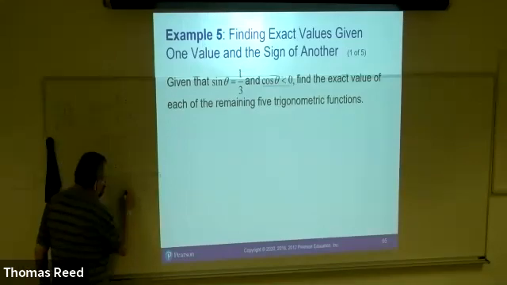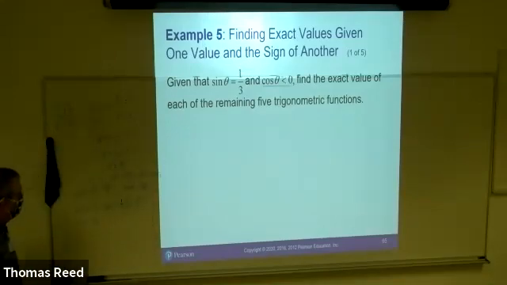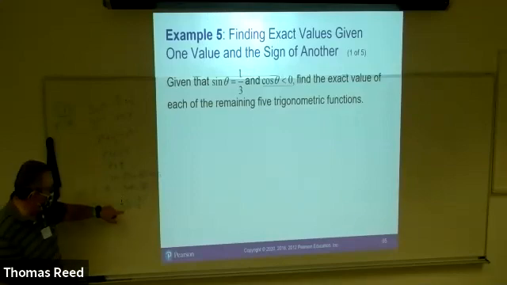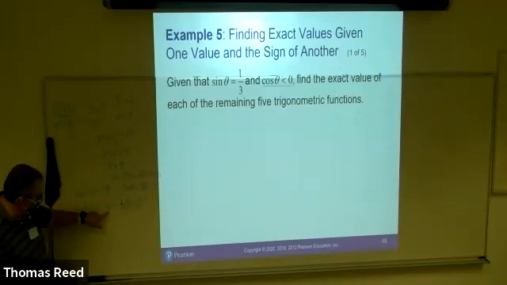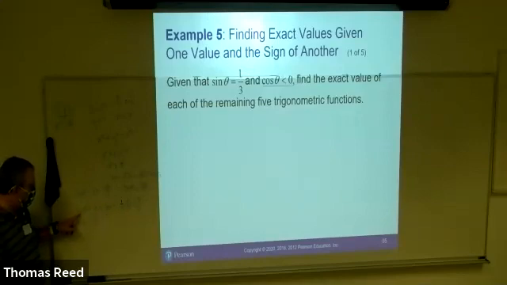So this is what secant winds up being. And then cotangent is the reciprocal of tangent, but I'm going to do the reciprocal of this fraction here. And so cotangent becomes a negative 2 square root of 2.